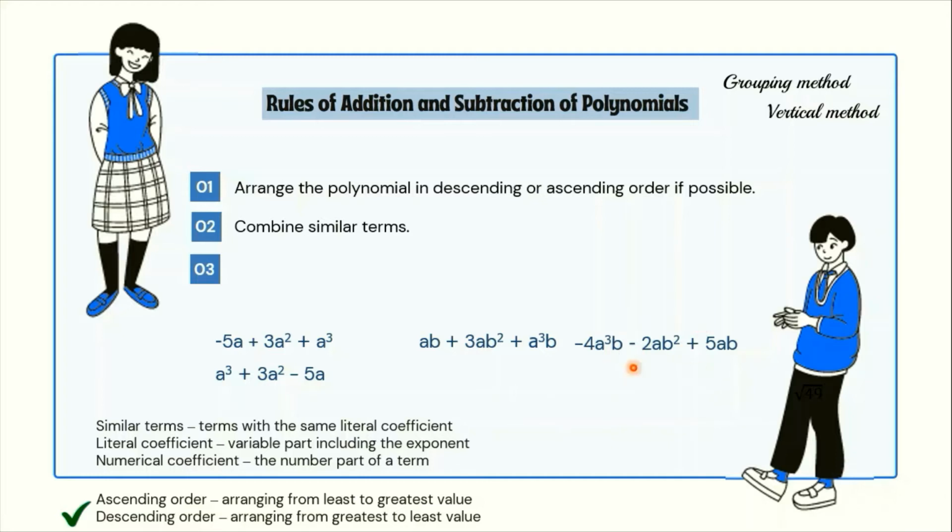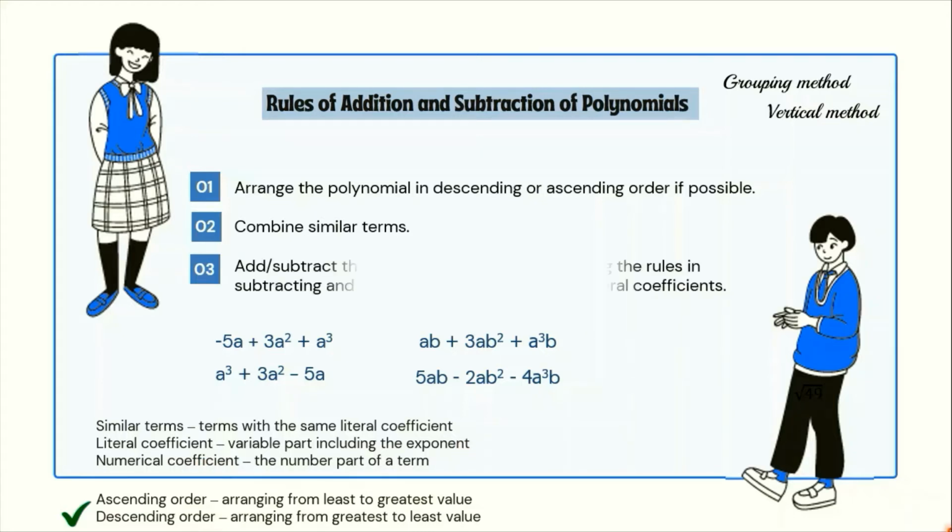So, from this polynomial, i-combine natin sila, yung magkakapareho. So, yung AB dapat ay kasama niya yung 5AB dahil pareho sila ng literal coefficients. Ito namang AB squared, dapat magkasama sila. At ito rin na A cubed B. Pag tayo magko-combine ng similar terms, lagi tayong nakabase sa literal coefficient at hindi sa numerical coefficient.